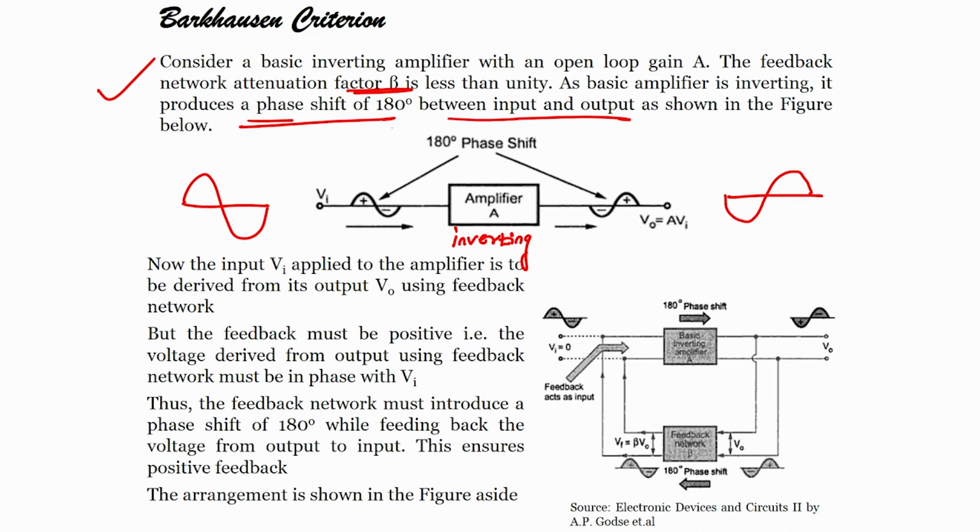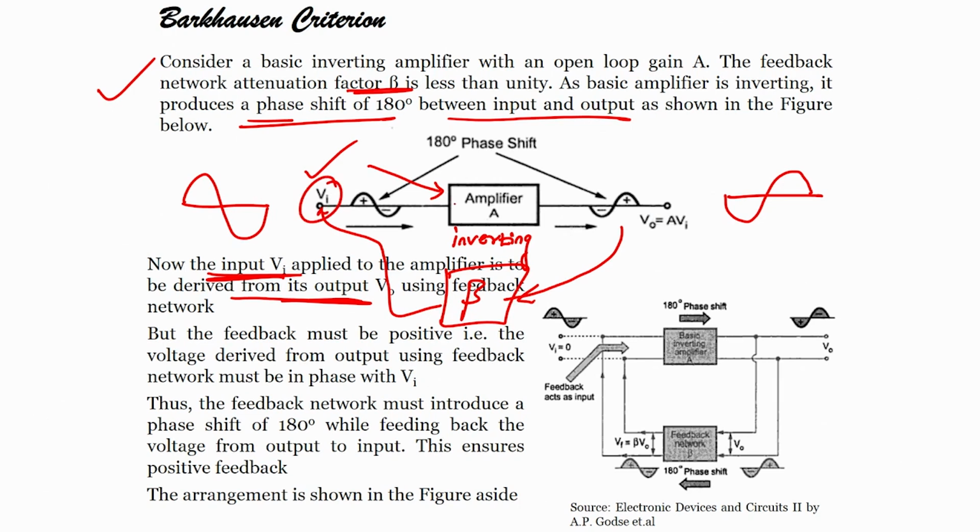Now, the input Vi applied to the amplifier is to be derived from its output voltage using a feedback network. So, some feedback network should be there, to which this Vo should be fed, and this would be fed to your Vi, so that your Vs can be determined, correct, that is what we have seen. But the feedback must be positive.